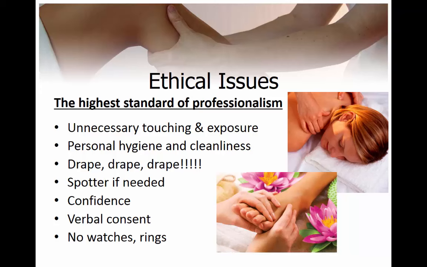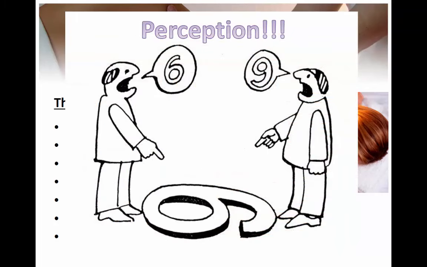Unfortunately, due to perception, sometimes performing a massage does not always look right to someone who passes by or walks past a room. Therapists are often required to massage different body parts, either on a same gender or opposite gender person. Remember, as an athletic trainer, physical therapist, occupational therapist, or other healthcare professional, you are not a massage therapist.